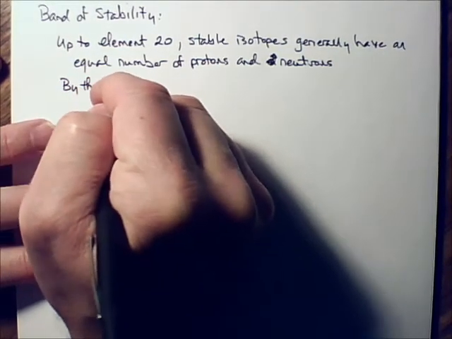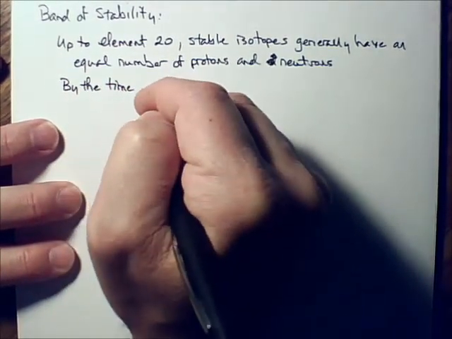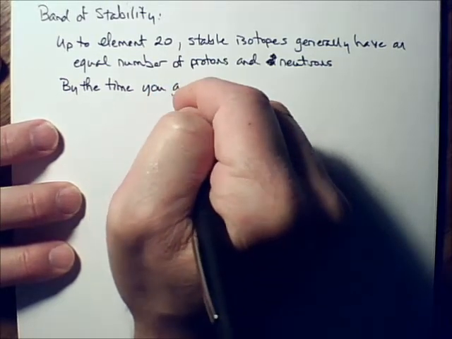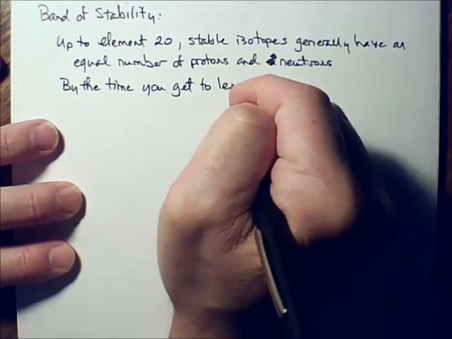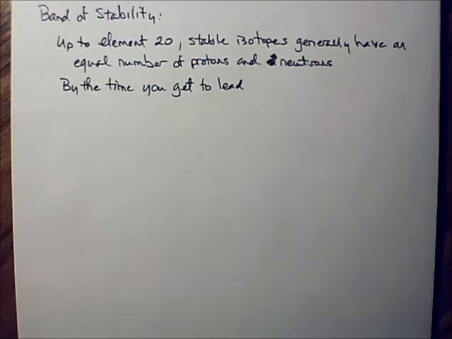By the time you get to lead, when I use the time in a sort of colloquial sense, we're really just counting up the protons here, okay? But if you move up the periodic table, count 1, 2, 3, 4, 5, 6, 7, 8, and you get to 92, that's lead.